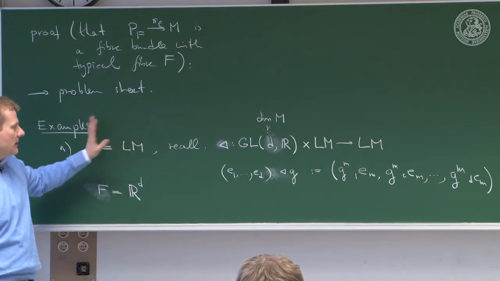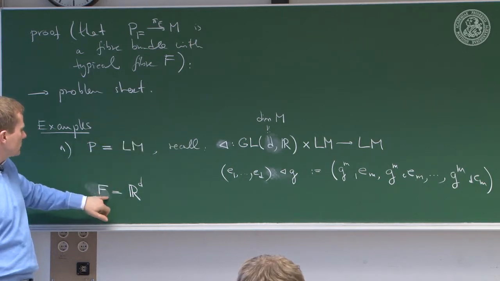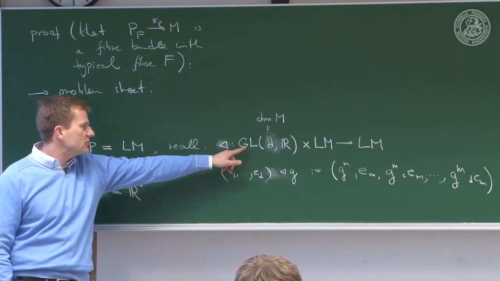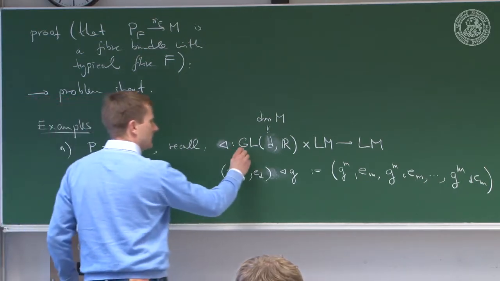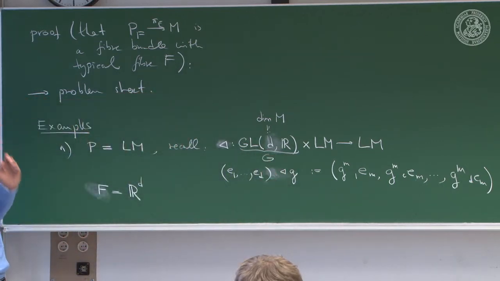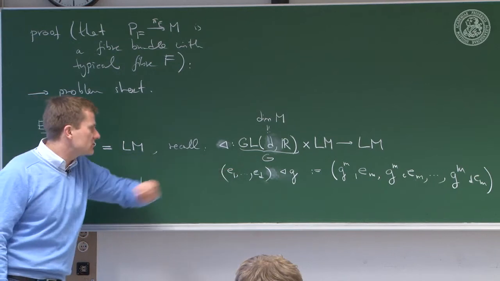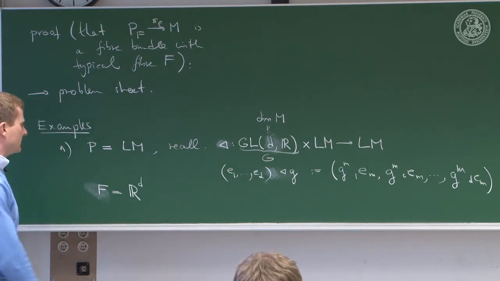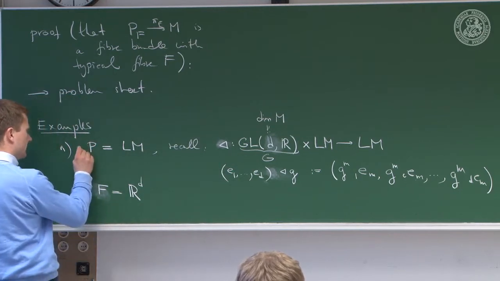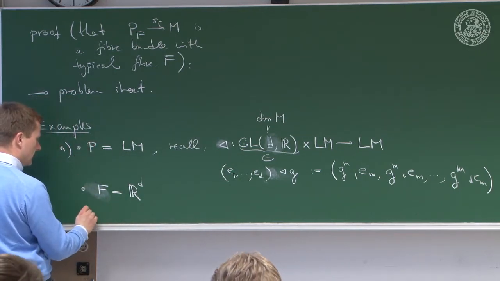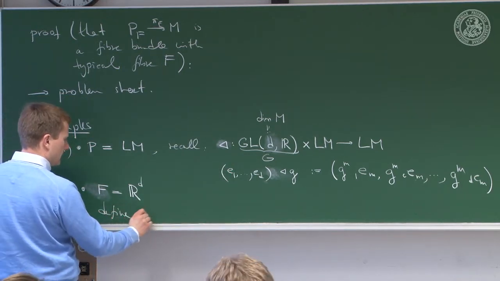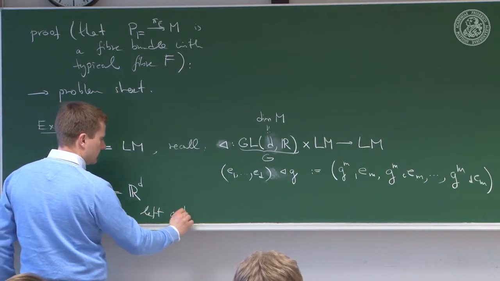I have a principal bundle, which is the frame bundle. I also need to provide now an action of the same group, GL(D, R). So that's, in this example, what the group in our general definition is. I now need to provide you also with an action, but a left action of G on there. So that's the first ingredient, that's the second ingredient, and the third ingredient is to define a left action.